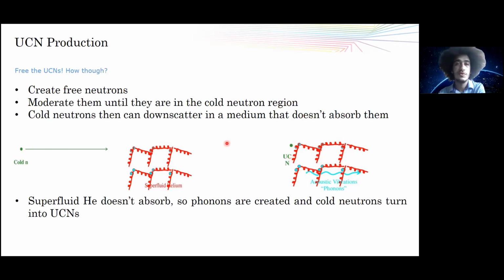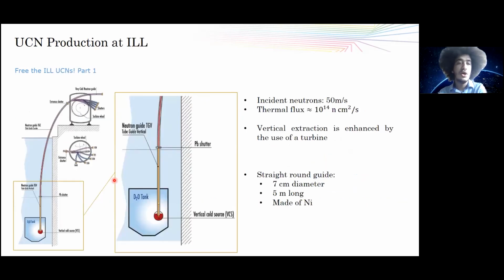Another way of doing it here at the ILL is by using a vertical extraction with a guide that starts off straight and then is a bit bent, where basically you have a straight guide that goes into the cold source. So you have incident neutrons that have a speed of 50 meters per second and a thermal flux of 10^14 neutrons per centimeter squared per second.